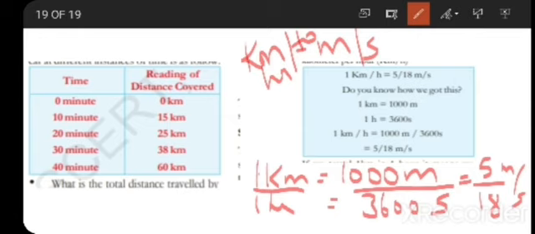So anytime you want to convert kilometer per hour into meter per second, you can directly use this 5 by 18.